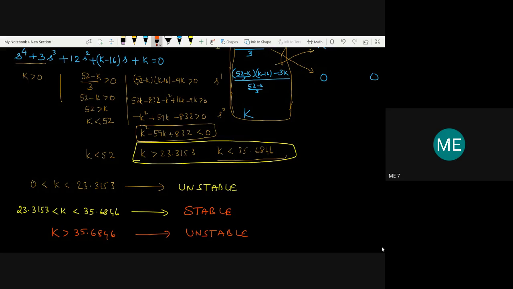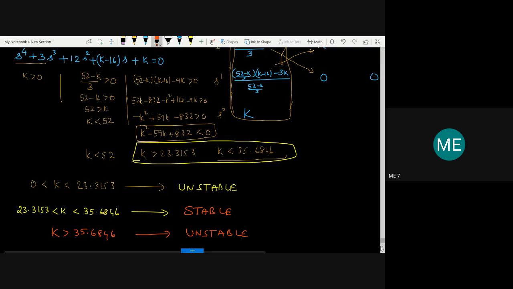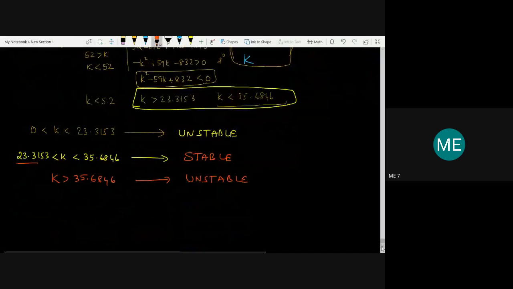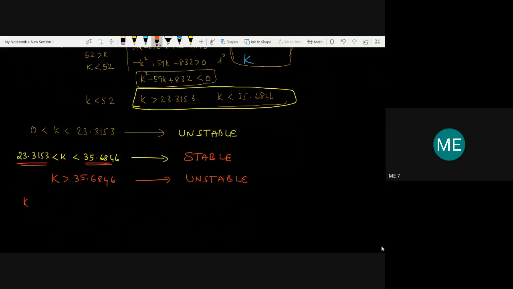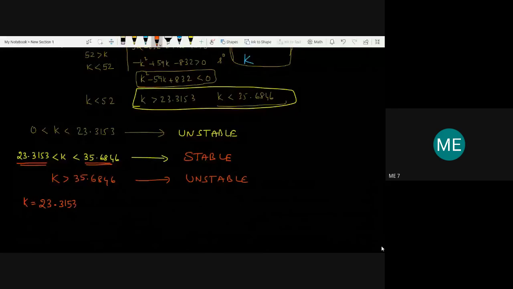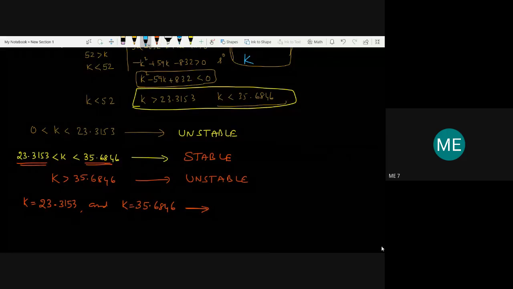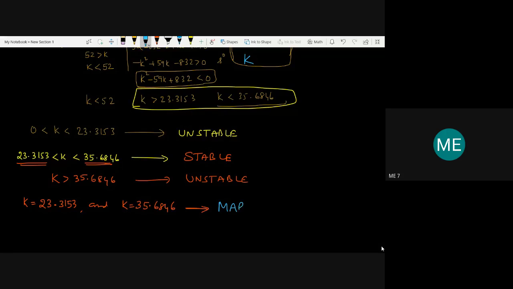And for k equal to the lower limit and the upper limit of stability, that is k equal to 23.3153 and k equal to 35.6846, it is on the verge of instability. That is nothing but a marginally stable system.